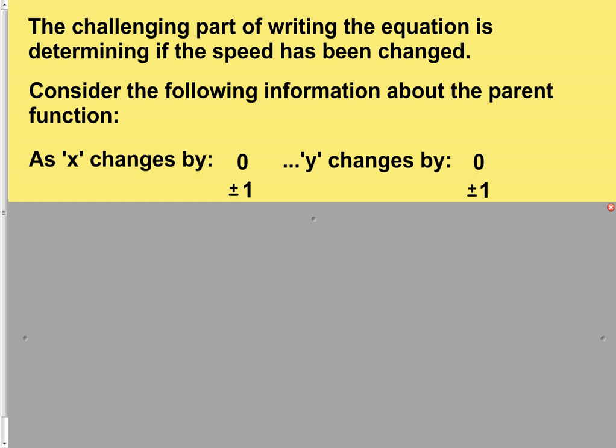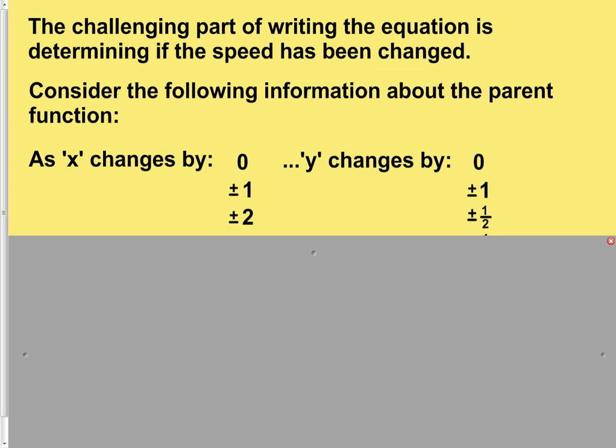However, if you make your x value move 1 unit either way on the x-axis, so we're moving 1 full step away from the center point of the parent function, that actually causes 1 step also on the y-axis. So as x changes plus or minus 1, y also changes plus or minus 1.